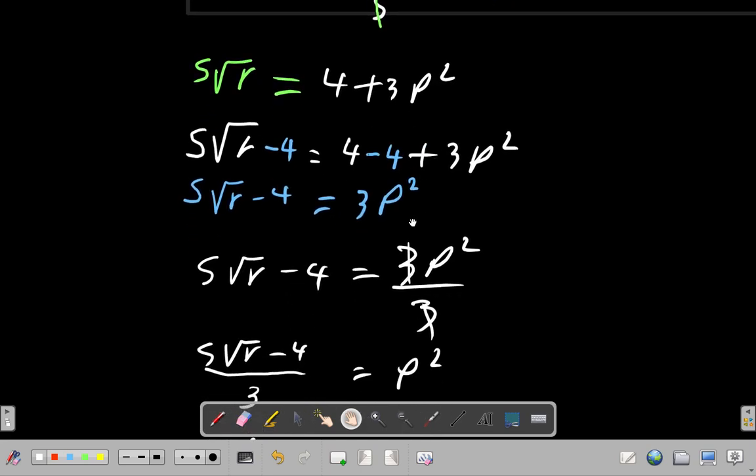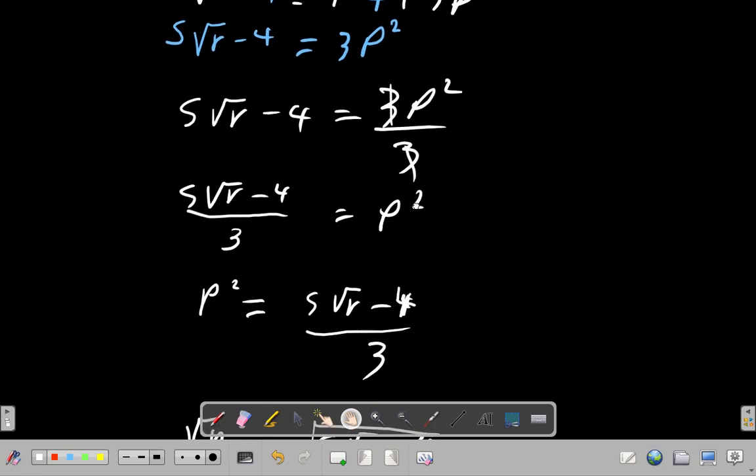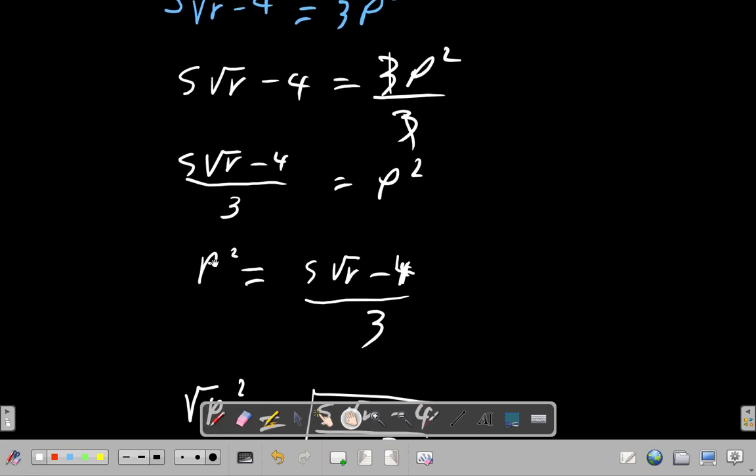When you do that, you only have 3 and squared mixed up with the p. You want to get rid of those. You get rid of this 3 by dividing by 3. Alright. So, having rewritten it the way I want it to look, p squared is equal to all of this.